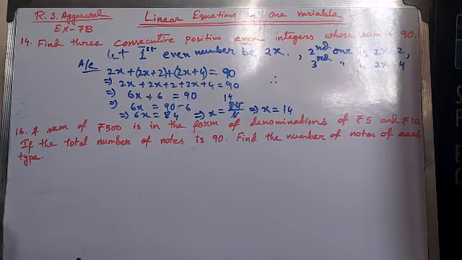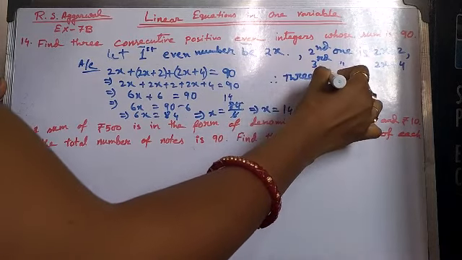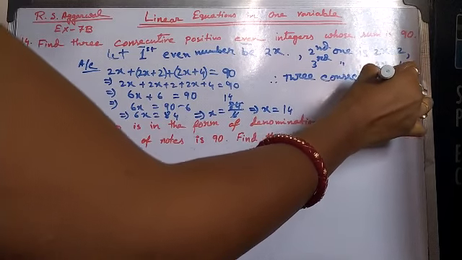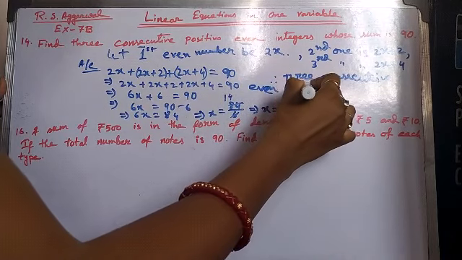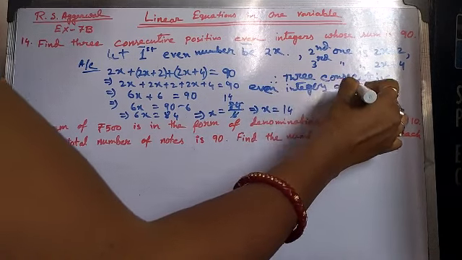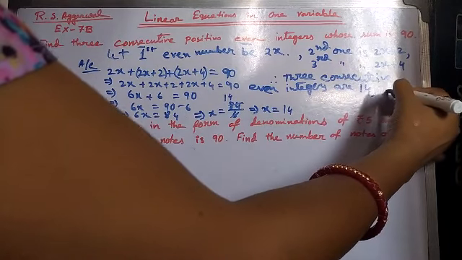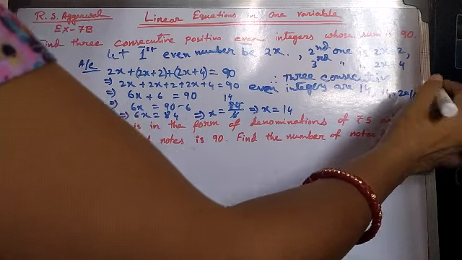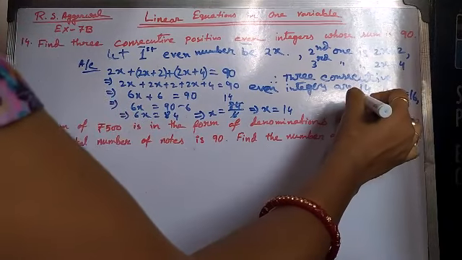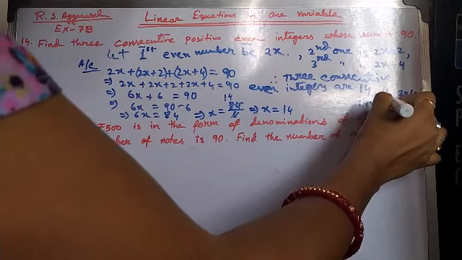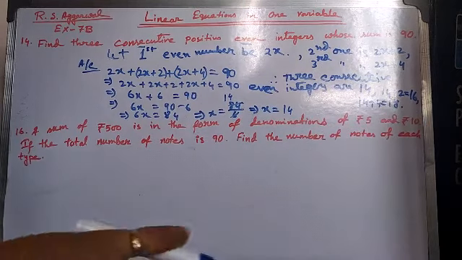Therefore, the three consecutive even integers are: the first one is 14, the next one will be 14 plus 2, that means 16, and the last one is 14 plus 4, that means 18. So 14, 16 and 18, these are the numbers.